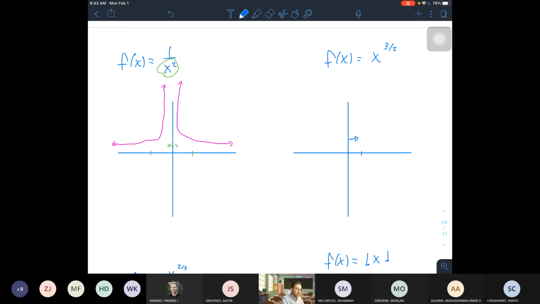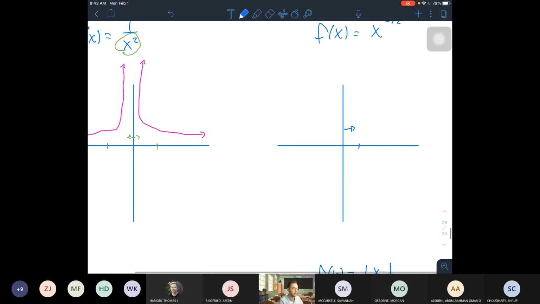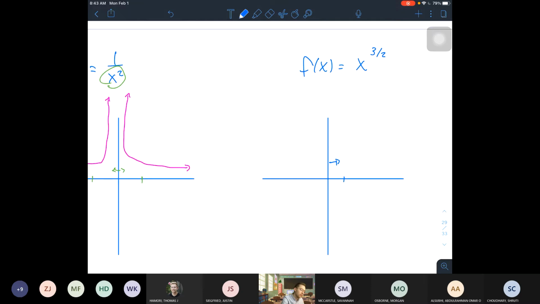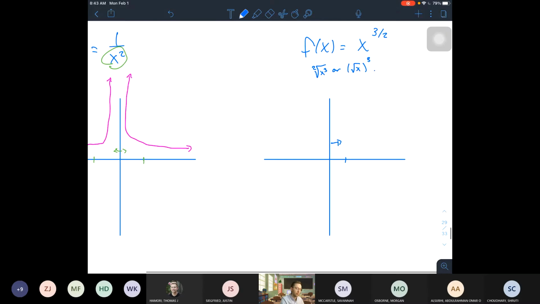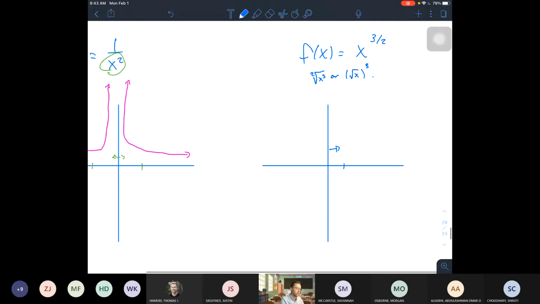Or we'd start with a negative number and square root it and then cube it. Well, we can't do the square root to begin with. So no matter which one we do first, the square root of x cubed or the square root of x and then cube it, if we plug in a negative number, we're going to be doing the square root of a negative number either way. So we can't do the negative side.